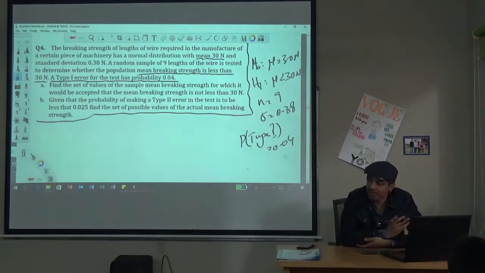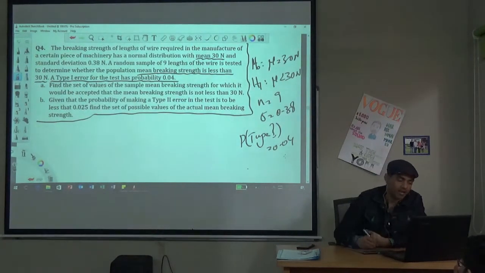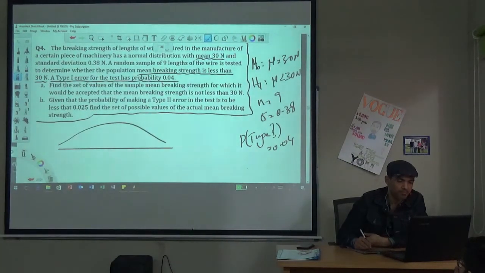This is the area of the rejection region, 0.04, and it's on the left side. So this area is 0.04.